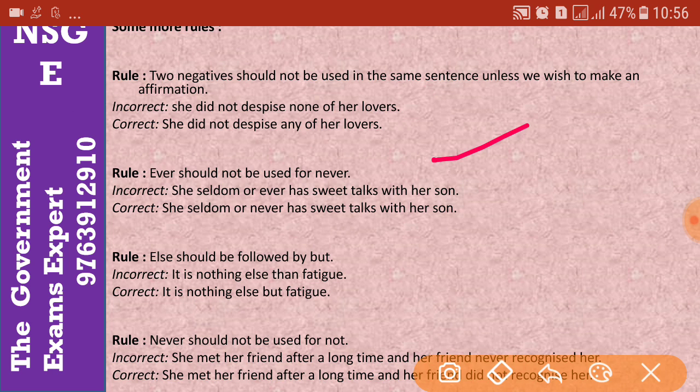So check the next rule. What is stated? Ever should not be used for never.